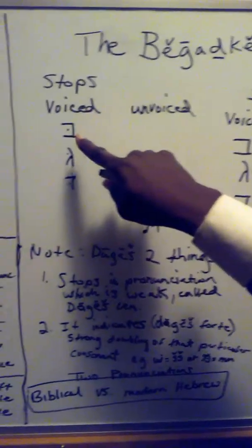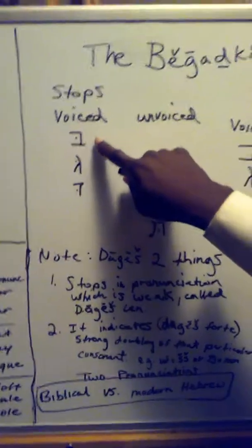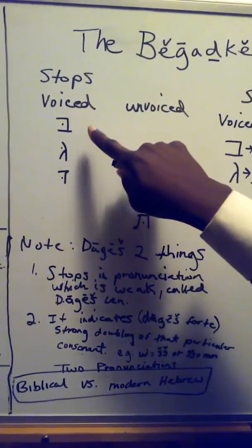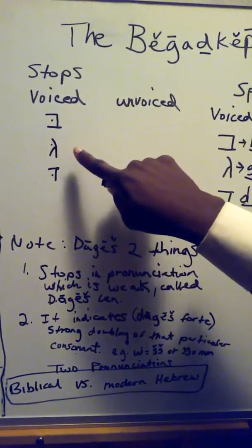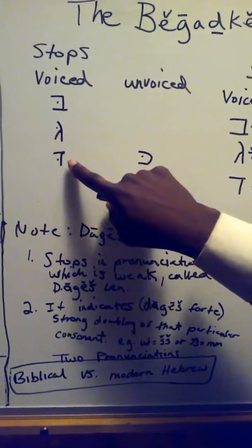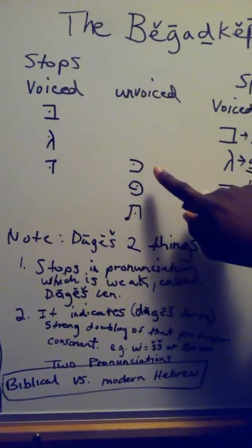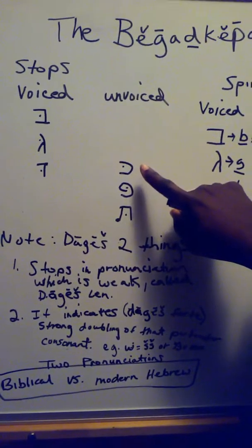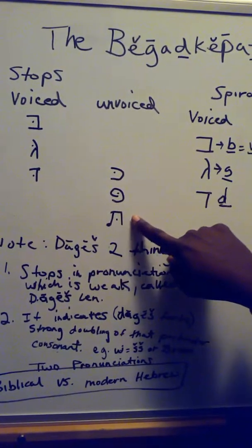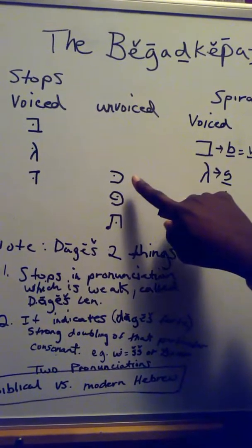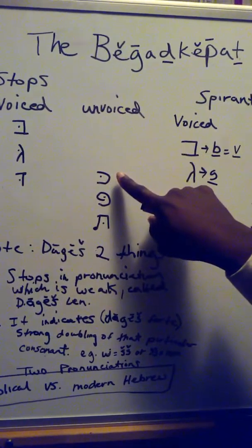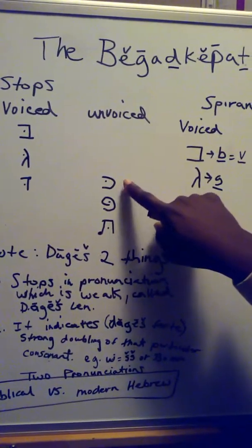But when they have a dot in the middle, this is pronounced as a hard sound. It is Bet. This is Gimel, Dalet. Then we have Pay. We also have Tav, and we have Kof.